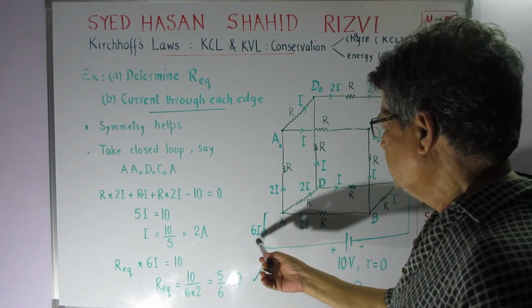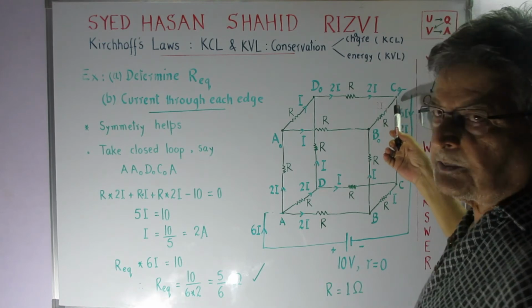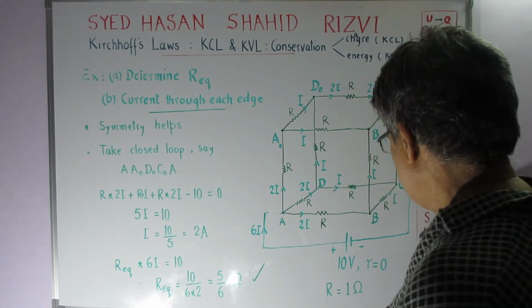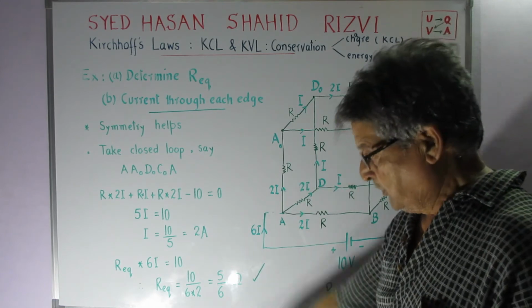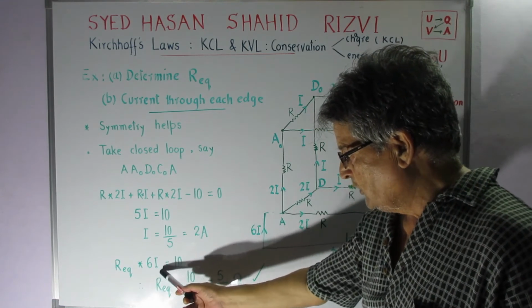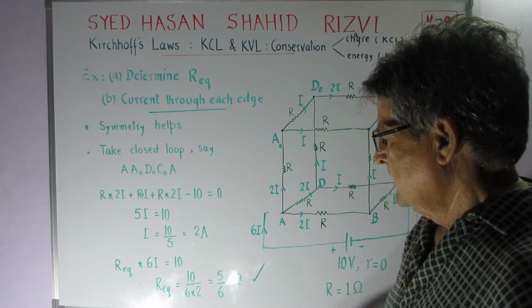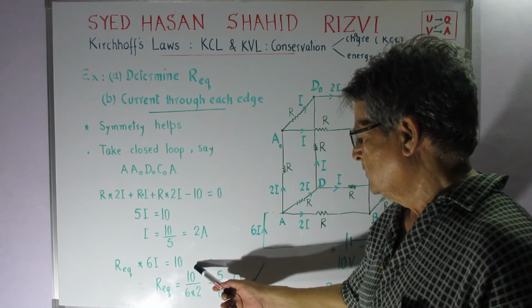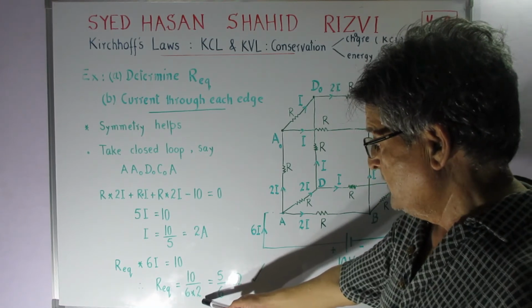So 6I times R equivalent minus 10 will be equal to 0. Which means R equivalent into 6I is equal to 10. So I can write R equivalent is equal to 10 upon 6 into 2, where I is equal to 2 amperes.